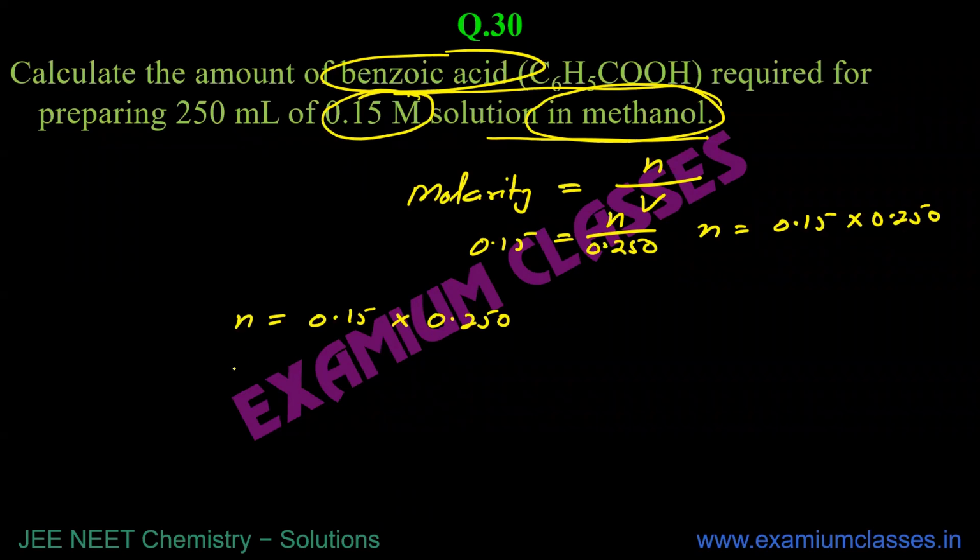For that, you need the molar mass of benzoic acid. I have asked you to memorize a few molar masses. Benzoic acid has molar mass 122, so you don't need to calculate in that case. For example, benzene has 78, acetic acid has 60. These things you need to remember.